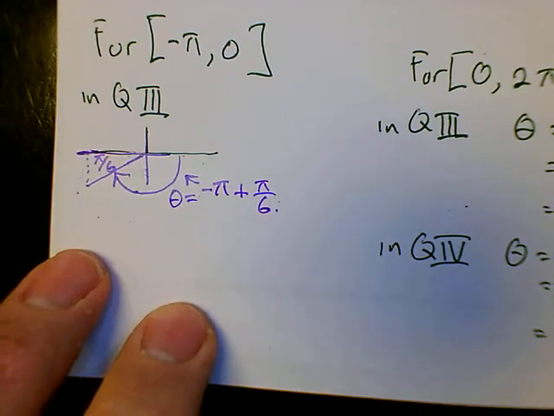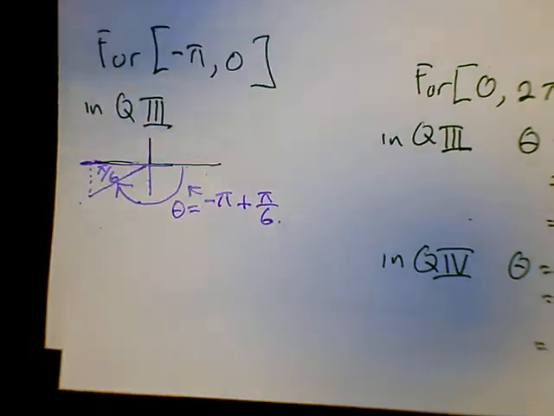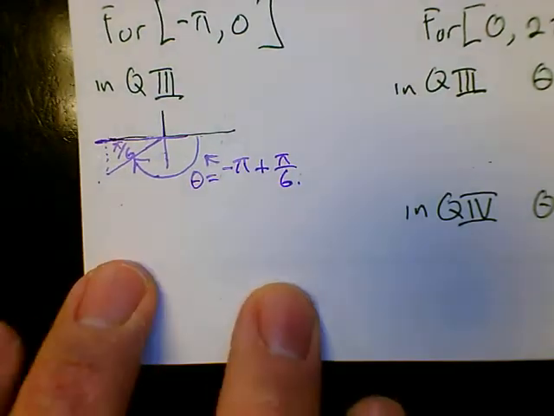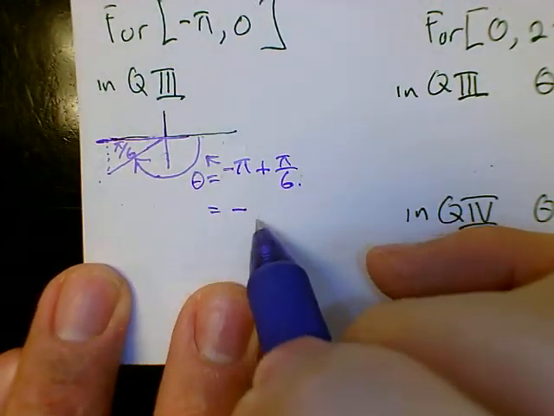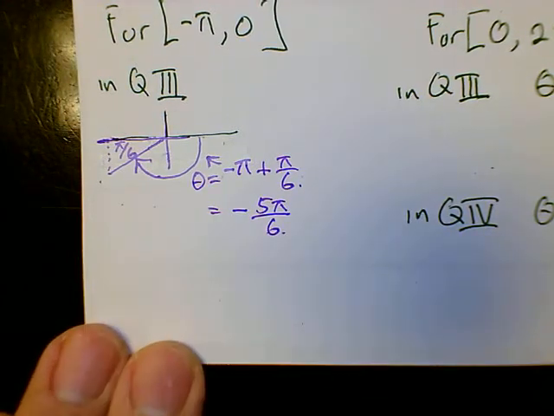So for quadrant 3, the angle would be negative pi plus pi over 6, and so the angle would be negative 5 pi over 6.